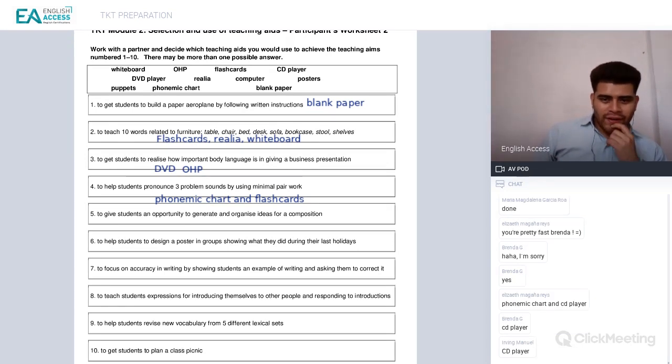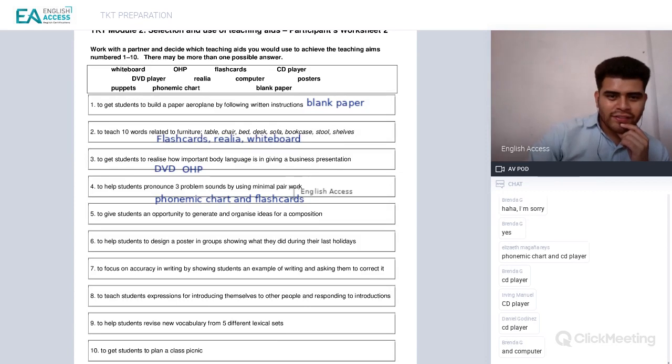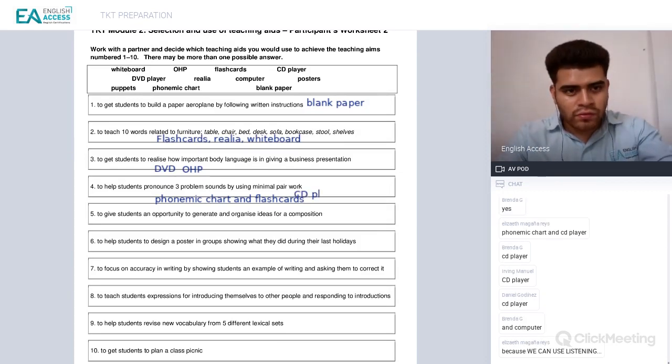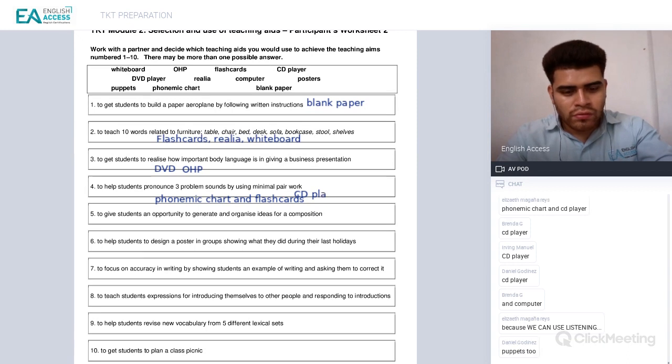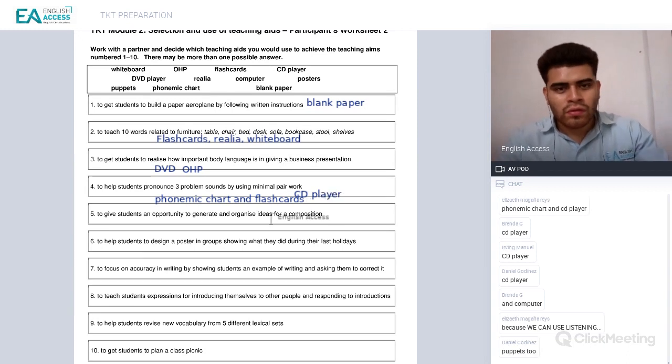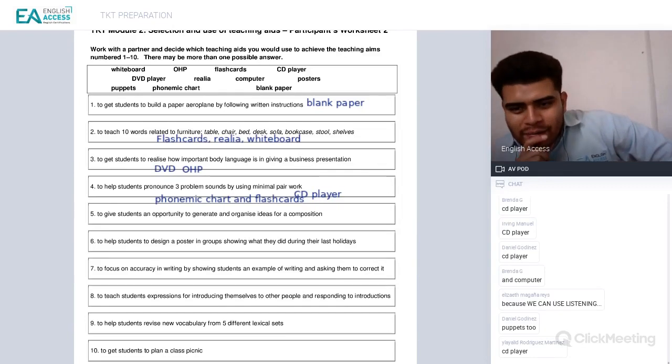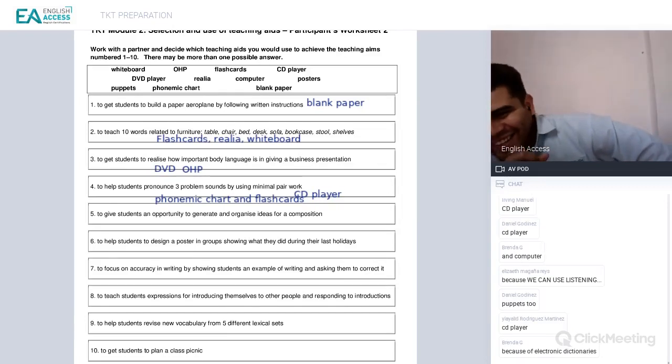Ooh, the CD player, nice, nice. Puppets too, Daniel.